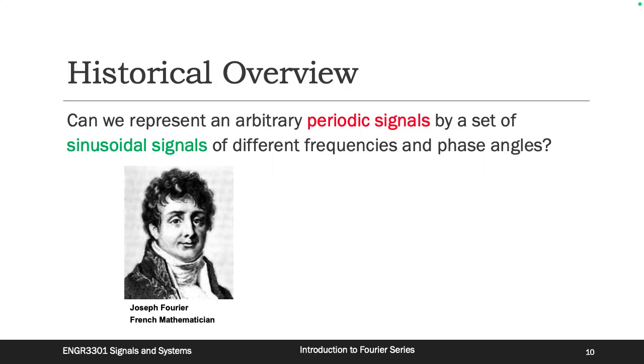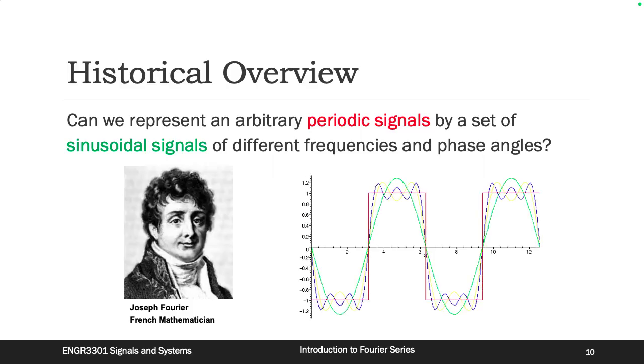After experiments, he found that any periodic signal can be represented by a set of sinusoidal signals of different frequency and phase angles. For example, we know that this square wave is periodic.